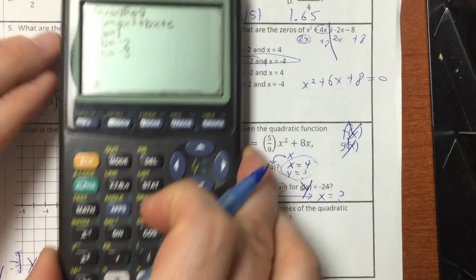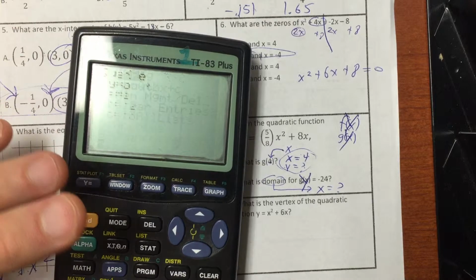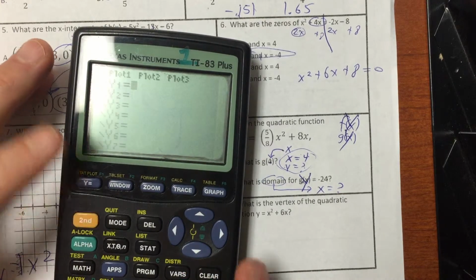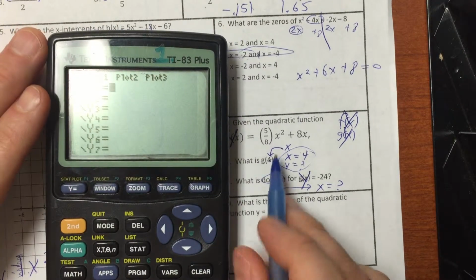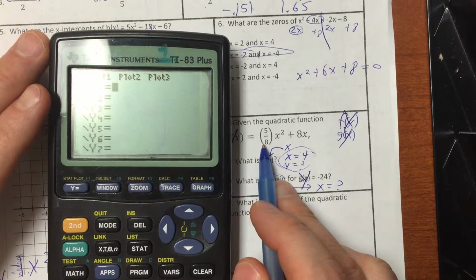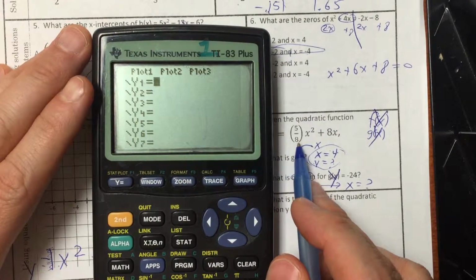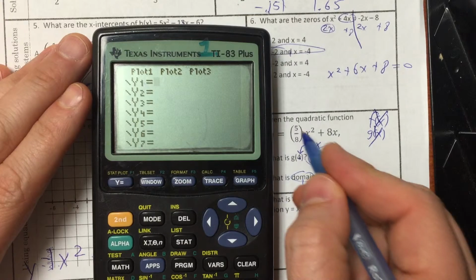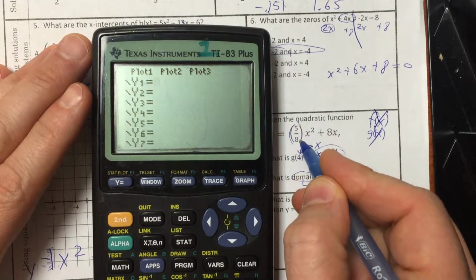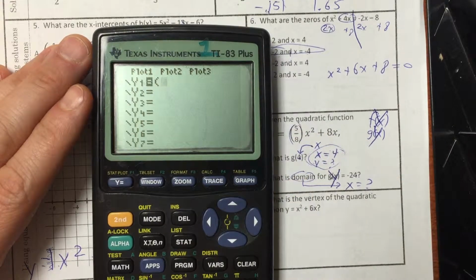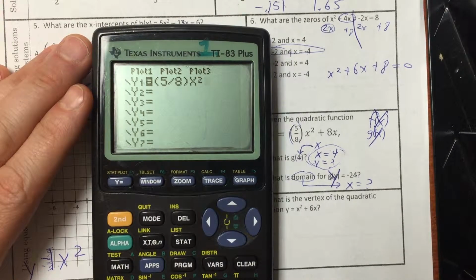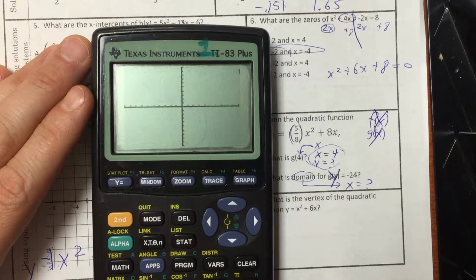Okay, I'm going to go ahead and throw this in the calculator. Clear out the old stuff. Y equal. They put the parentheses for us. That was very nice of them. You're normally not going to see the parentheses there for you. You have to remember to put the fraction in parentheses. 5 divided by 8, close the parenthesis, x squared plus 8x. Okay? Let's take a look at the graph.